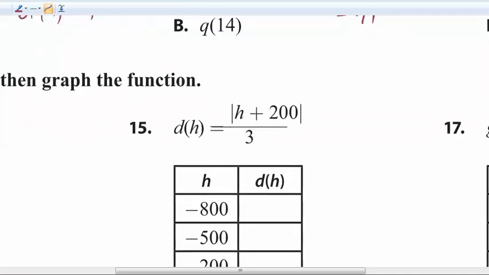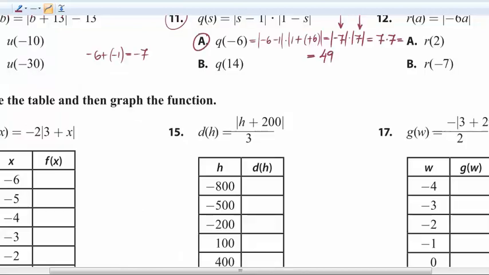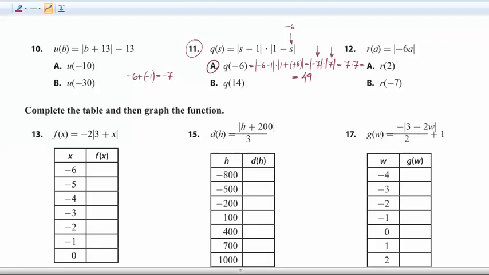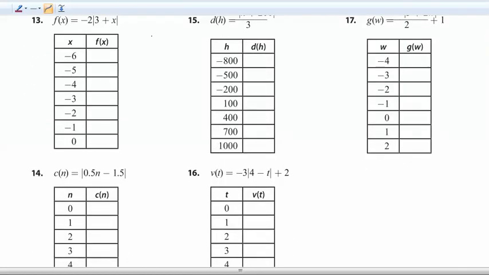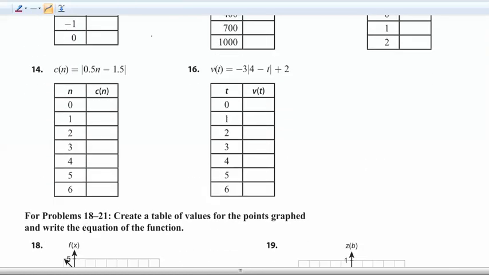Okay, for the next problems, you are asked to complete the table and then graph your function, right? Let's do any one of them. How about number 14? And allow me to zoom in here.